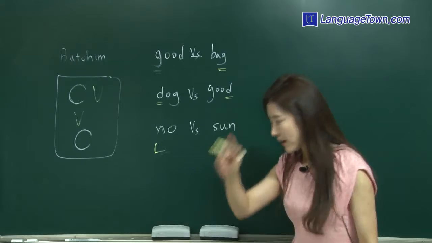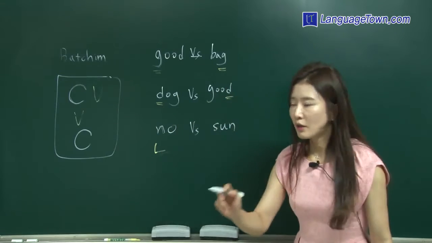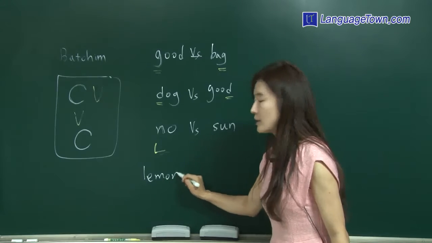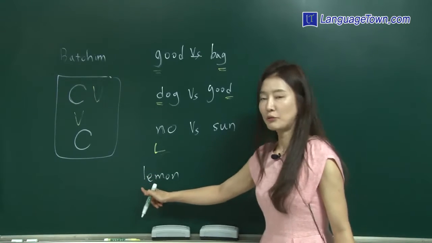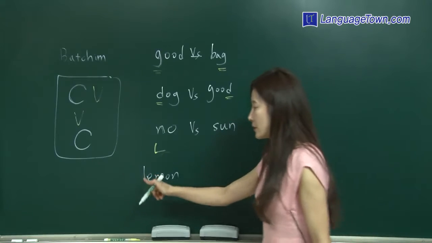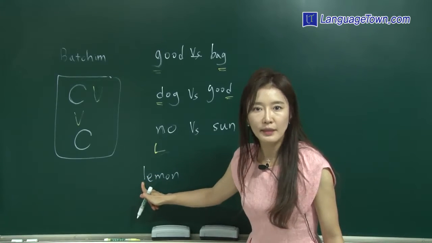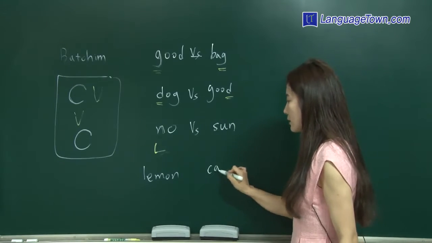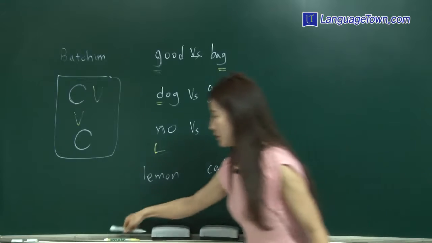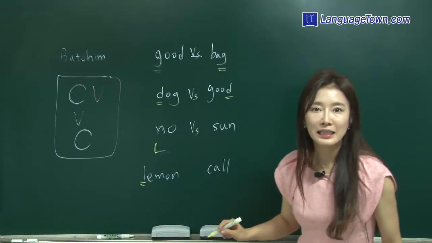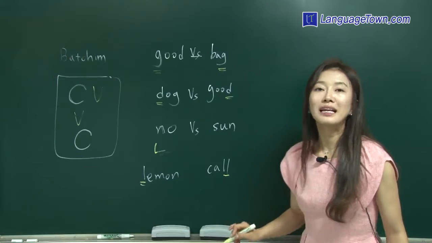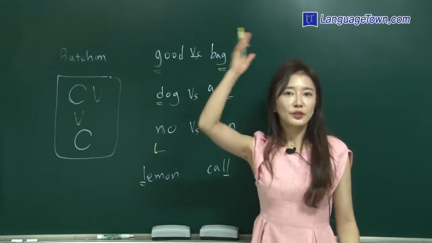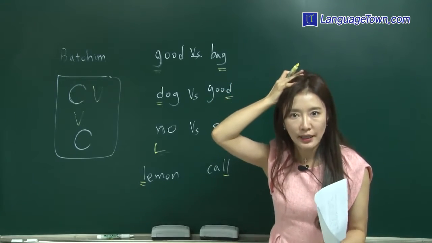Okay, the very last one, I want to talk about the L sound. Something like lemon, L sound. When it comes first, it sounds like lemon. But what if it comes to the last, something like this one, coal. This sound, L. But this is coal, it just sounds different. That's how you figure out the 받침 sound, okay?